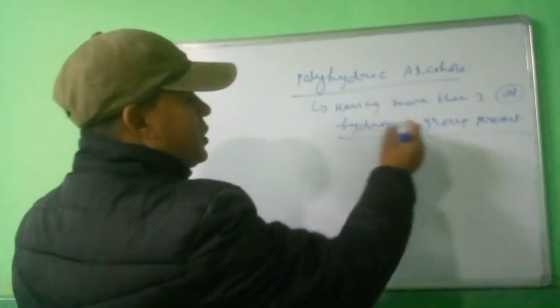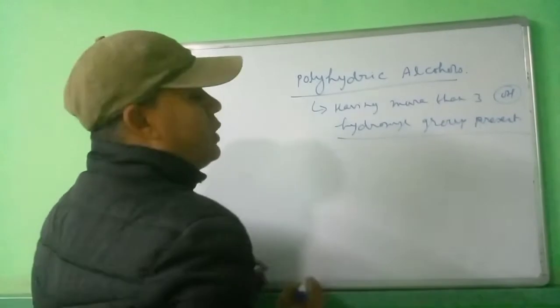If more than 3 hydroxyl groups are present in the alcohol, then we can say it is a polyhydric alcohol.